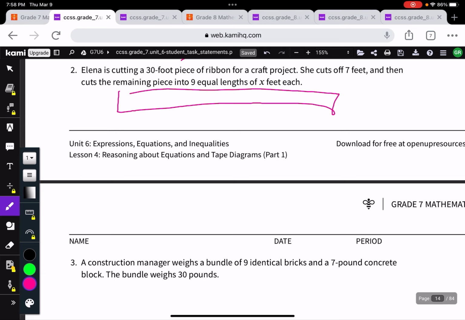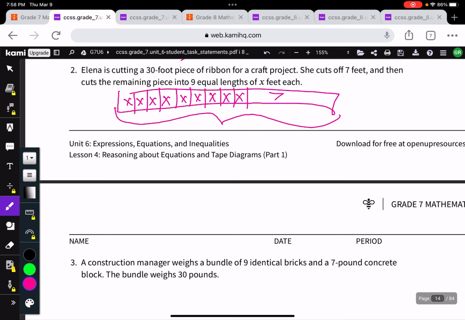Make sure you make those sound effects. So what are we going to do there? Well, 9 equal lengths. 1, 2, 3, 4, 5, 6, 7, 8, 9. There's 9 equal lengths of X. And she cuts off 7.